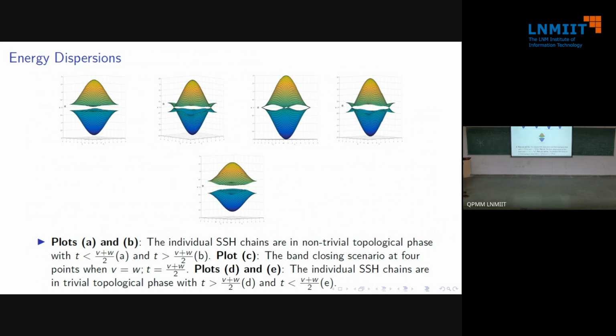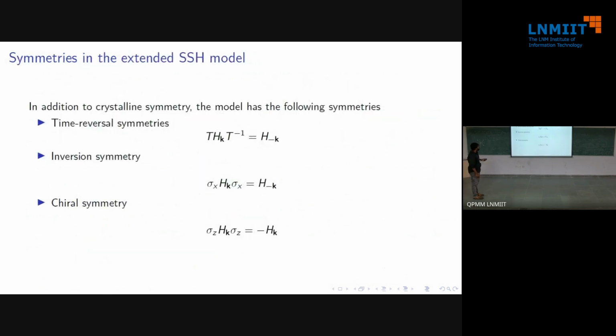So because of this band touching phenomenon, we can see that there is a topological phase transition. And to look further into whether it is there or not, we again looked at the symmetries of the system. Apart from crystal symmetry, which is new compared to the regular one-dimensional chain, we have the old symmetries which we talked about in the SSH chain.